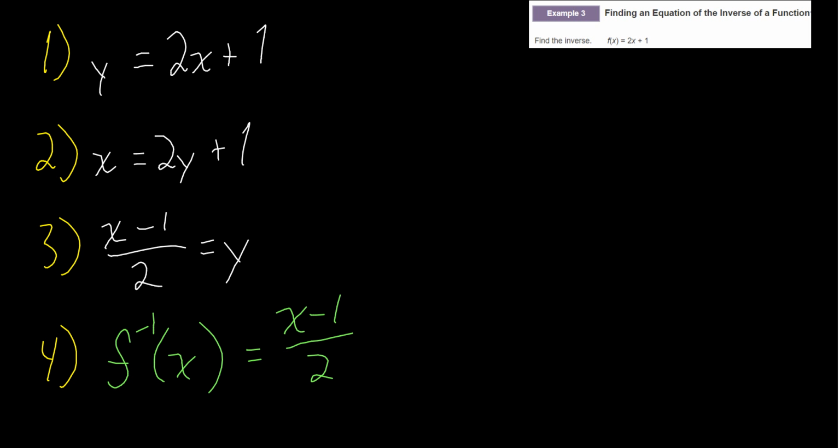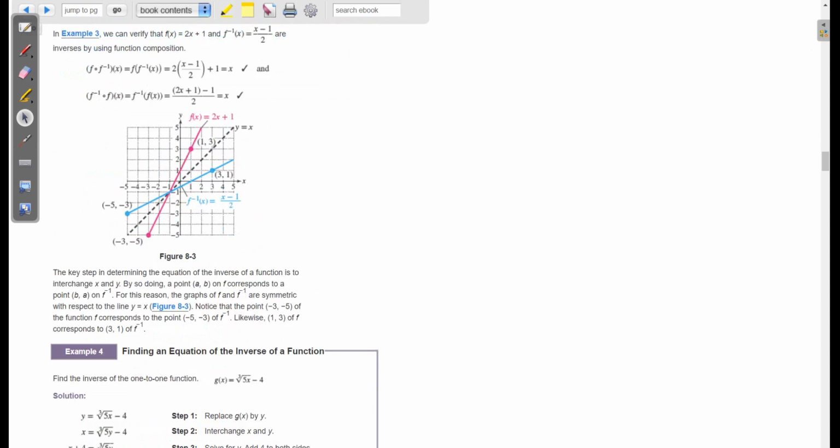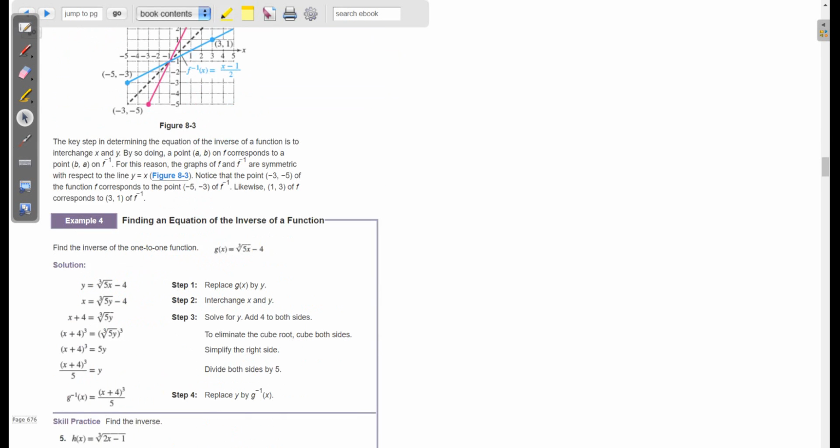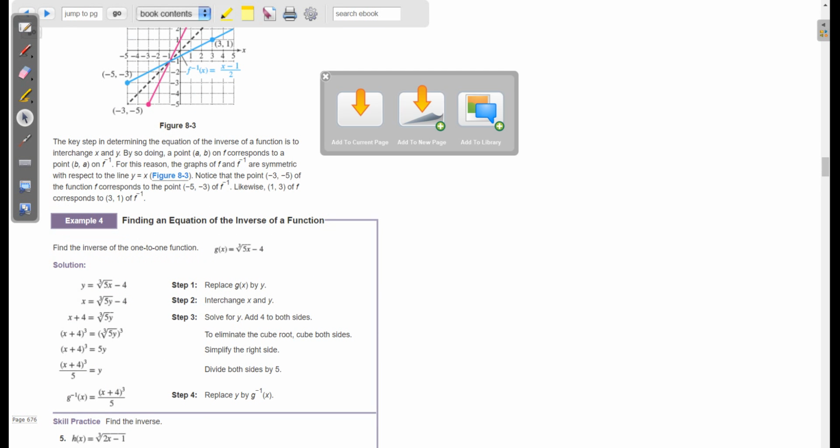So let's do another example. Let's do a little more complicated of an example here. And this is about as complicated as it's going to get for you guys. Alrighty, so example 4.